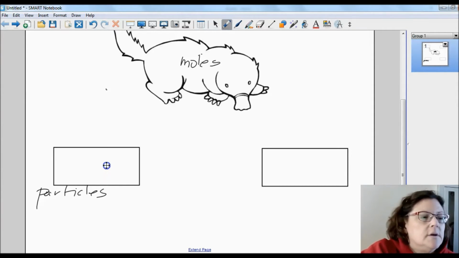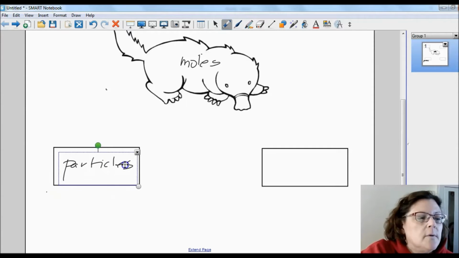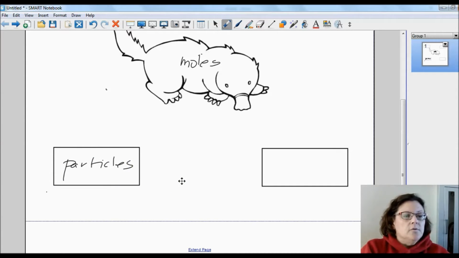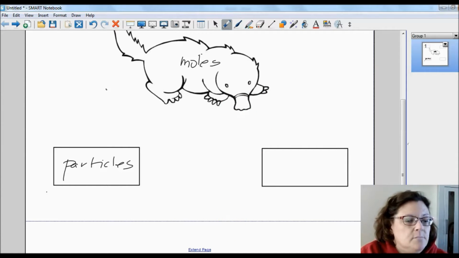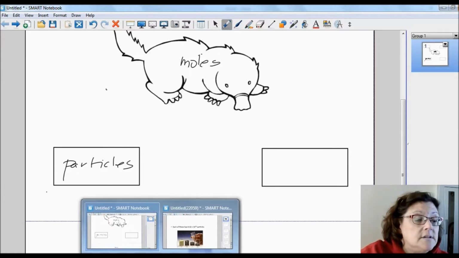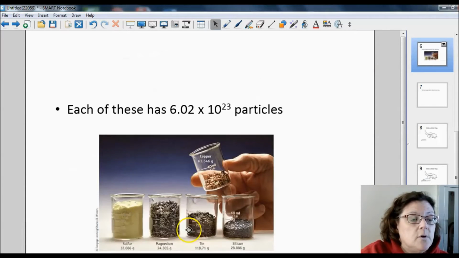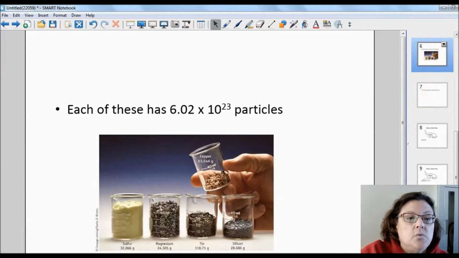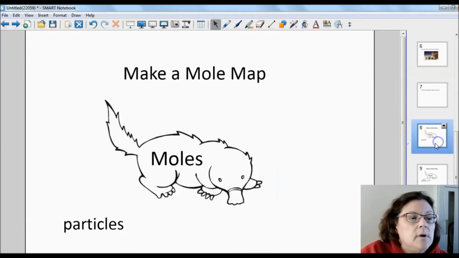I'm having a little technical difficulty, so I'm going to switch to another one that has the things drawn in that I need. Here we go. We've got particles written in the lower left-hand box.